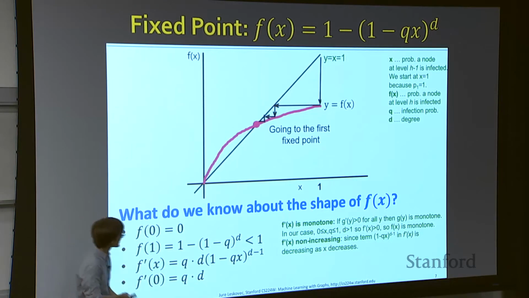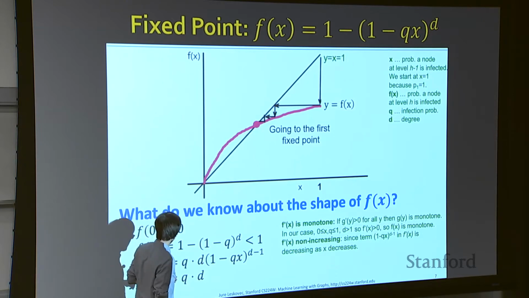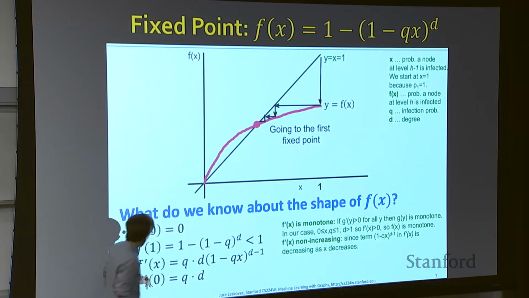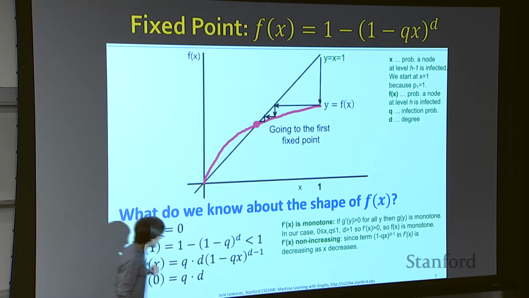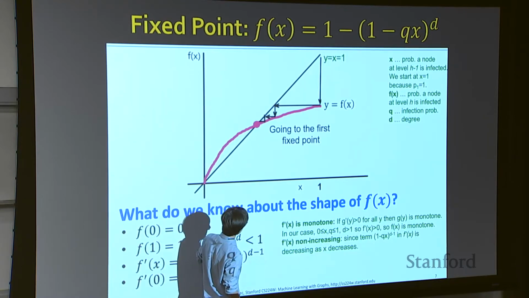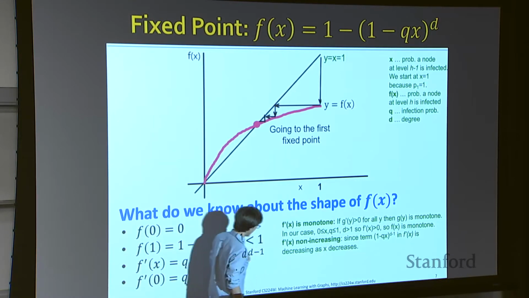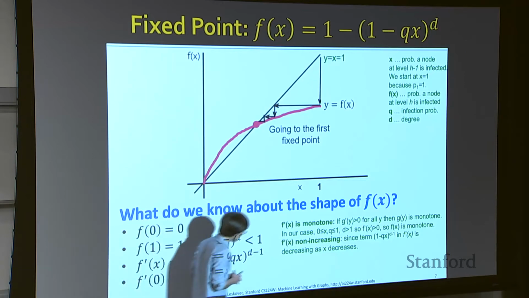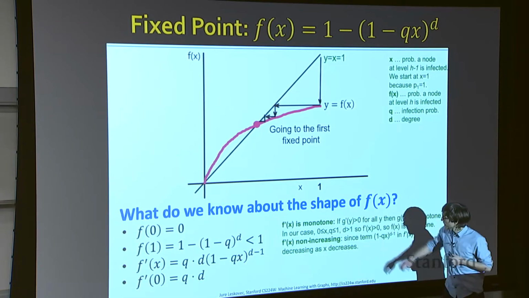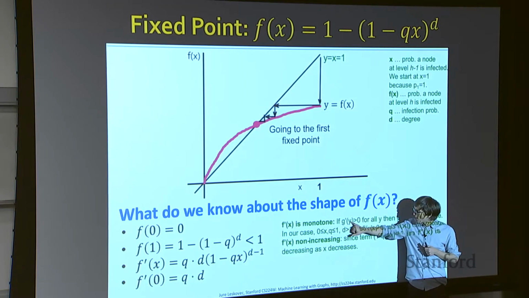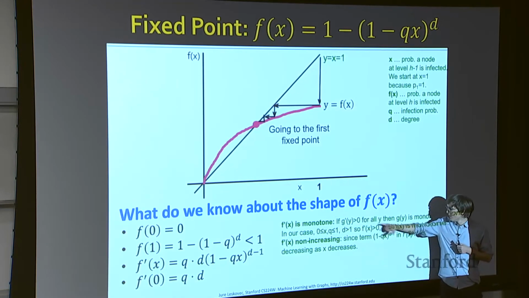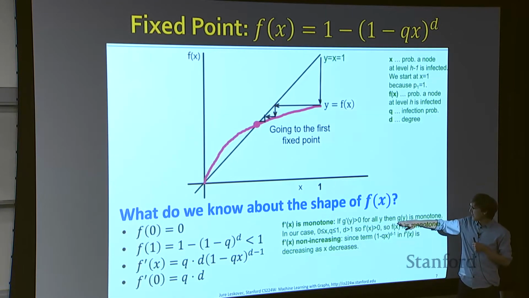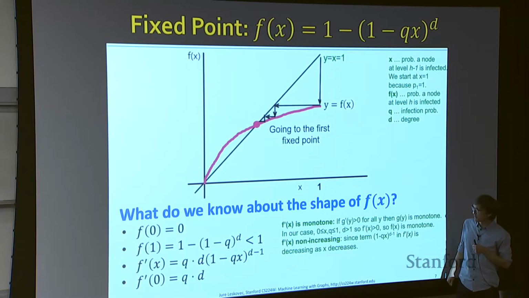So what does this tell me? The first thing it tells me is that my function is non-increasing and that it's monotone. The reason it is monotone is that if the derivative of a function is greater than 0 across its domain, then that function is monotone, right?